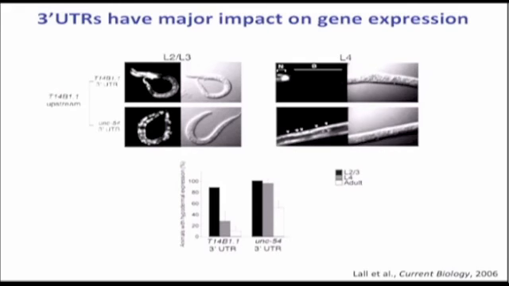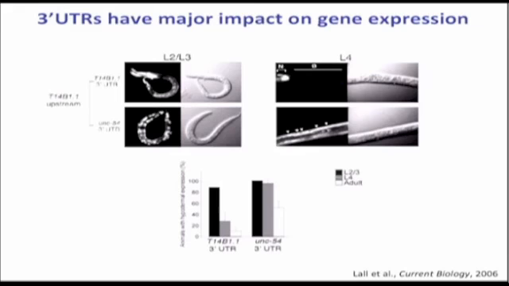So what I want to remark here is that the 3' UTR is the only thing that is different between this construct and this construct. So in this construct here, the messenger RNA is there, the GFP RNA is there, it just doesn't get translated into protein. Okay? So Sabi looked at the sequence and she found that there were some sequences within the 3' UTR of this gene here that could represent a possible binding site for a microRNA.